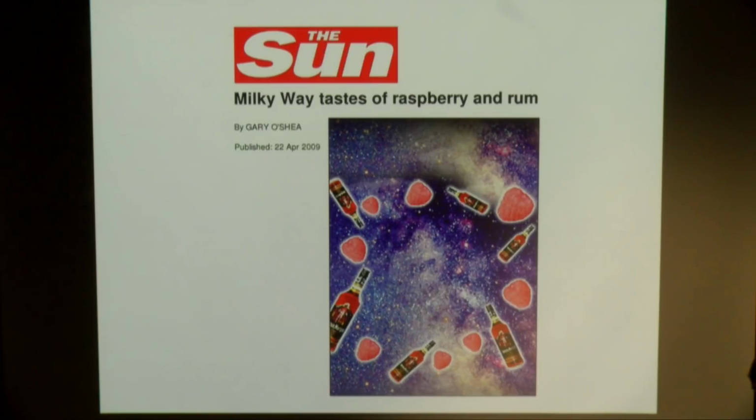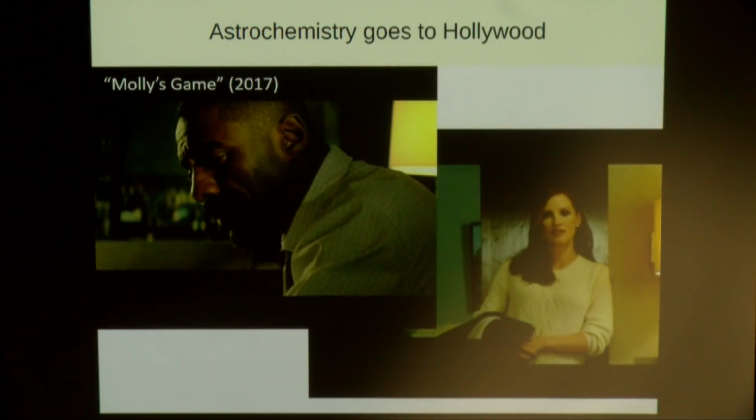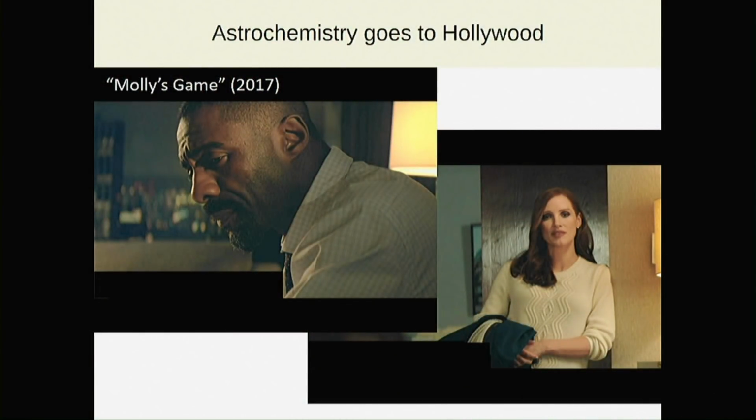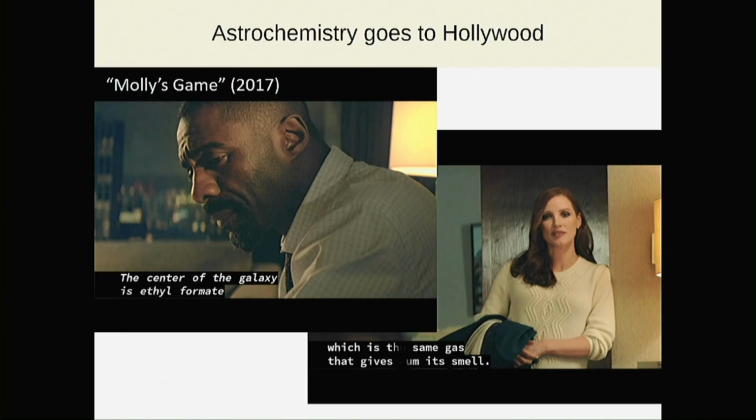I was sitting at home watching a movie on a Sunday evening with my wife. We got towards the end of the movie, this is Molly's Game. I don't know if you've seen that. It's actually not a bad movie. And right in the last 5 minutes of the movie, Molly walks in and says, the center of the galaxy is ethyl formate, which is the same gas that gives rum its smell.